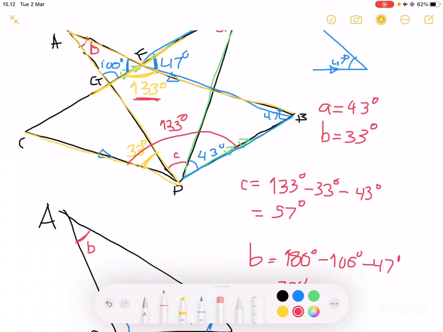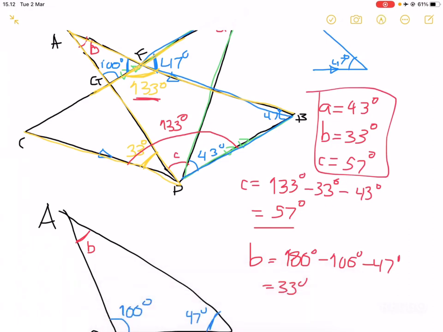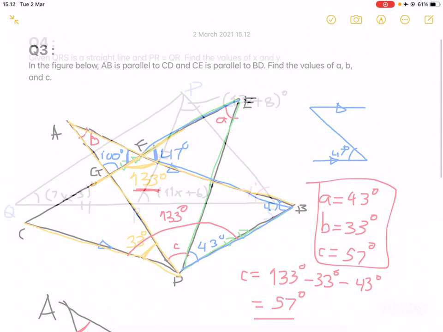And let's just double check that, and yep, the answer is indeed 57 degrees. So these are the answers for question 3. So that's question 3. Let's jump into question 4.